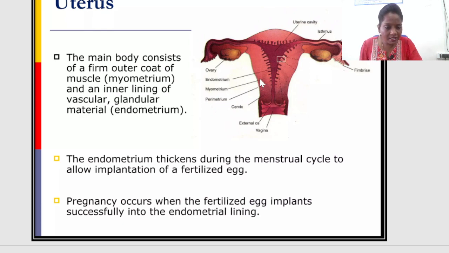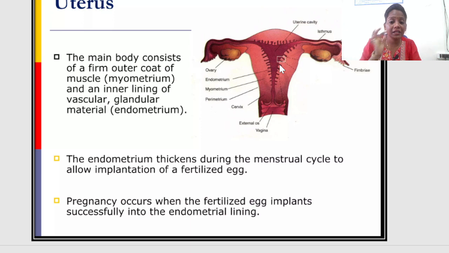When you see inside the structure of the uterus, there are three layers, the same as the heart is also covered with three layers. The three layers are the endometrium, myometrium and perimetrium. These are the three important layers you can see. The endometrium is the innermost layer which helps in pregnancy.